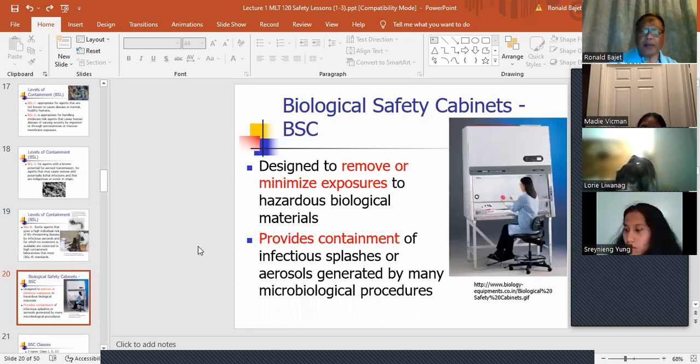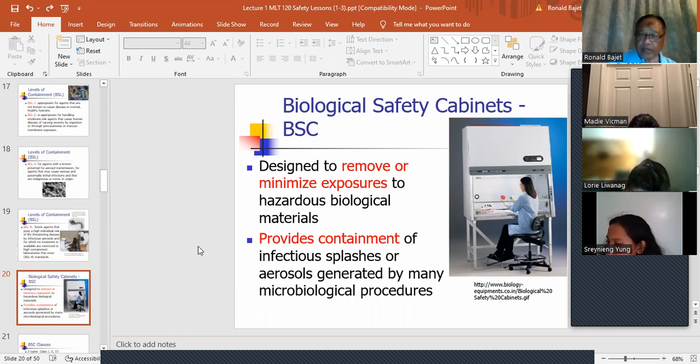The hoods, biological safety cabinets, aka hood. So BSC, and it's designed to remove or minimize exposure to hazardous biological materials, and it provides containment. That hood is negative pressure because there's more air leaving the hood than the amount of air coming in.